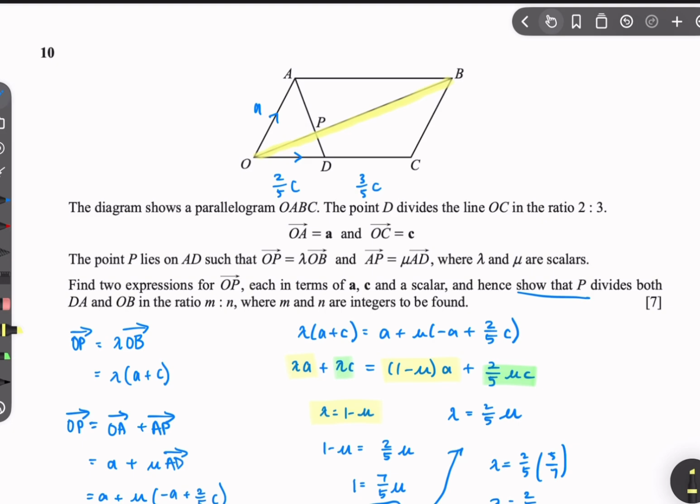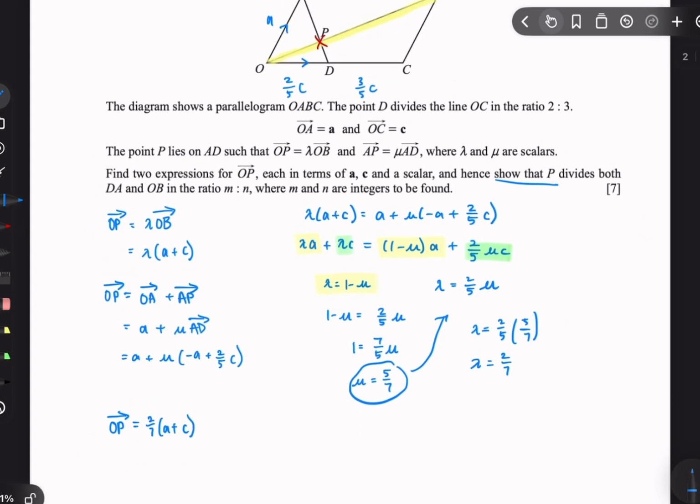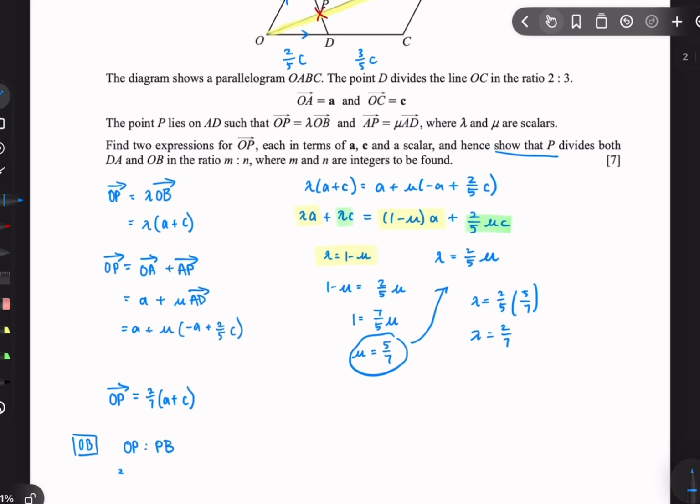OB is this part, and we want to show that the point P divides OB, which is OP and PB, in the ratio M and N. So we need to find OP and PB. Okay, so we already have OP.